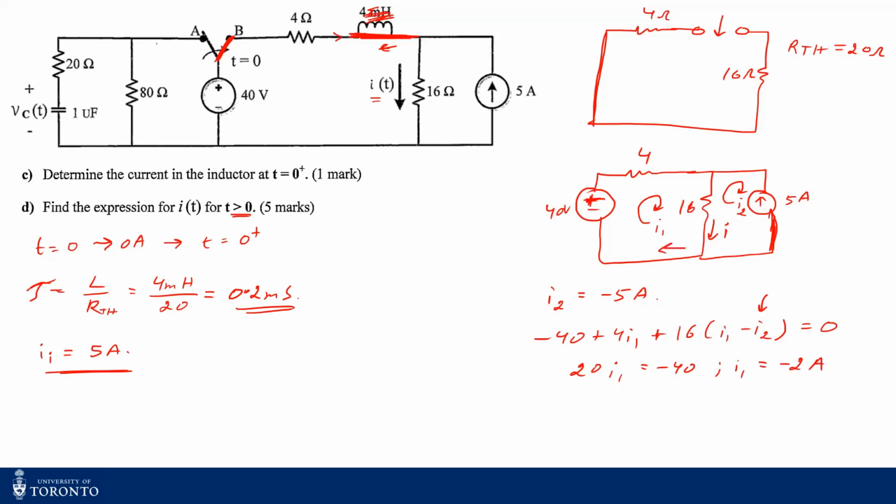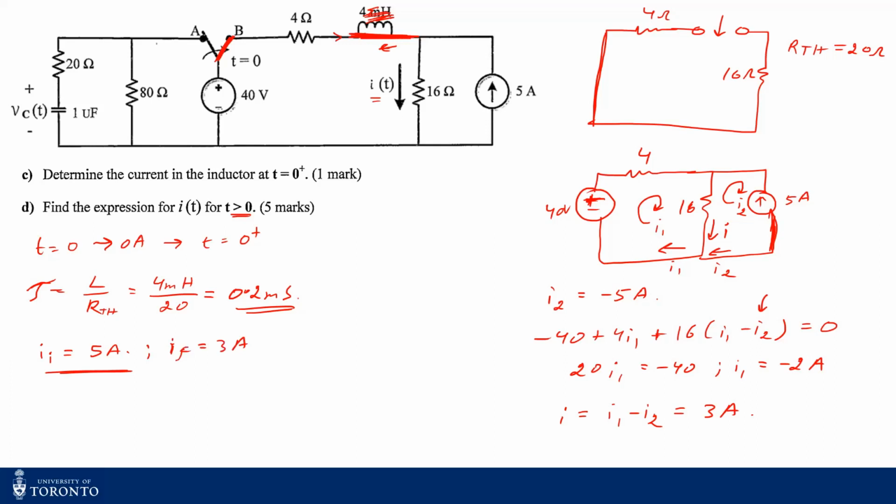If this is my I1 and this is my I2, my I is basically I1 minus I2, which is 3 amperes. So what's my IF? The final current is 3 amperes.